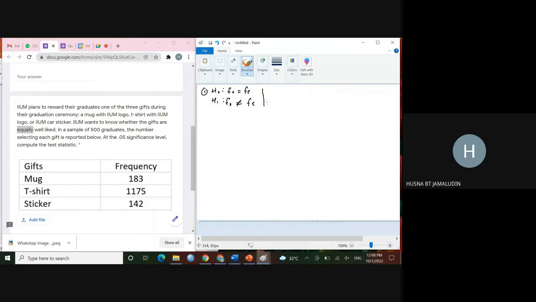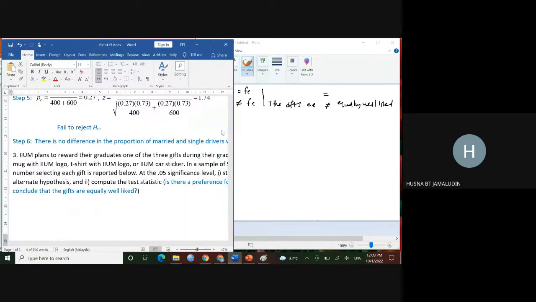You can also write it in words: H1, the gifts are not equally well liked, and H null, the gifts are equally well liked. The textbook normally gives you just one option of answer, but basically the answers are a variety. So let's see how it looks in the textbook.